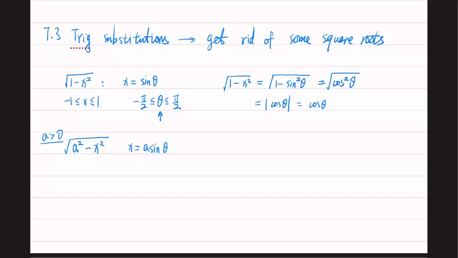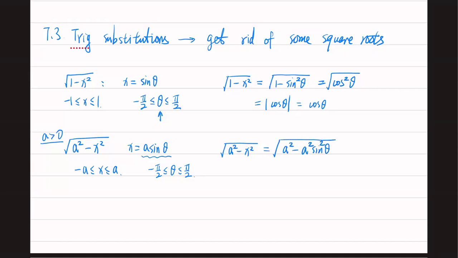Yes, because in the square root this cannot be negative, so x is from negative a to a. Then in this substitution, x equals a sine theta, we have the same domain for theta. In the same way, the square root becomes a cosine theta, because a is positive and cosine theta is non-negative. Again, we get rid of the square root.